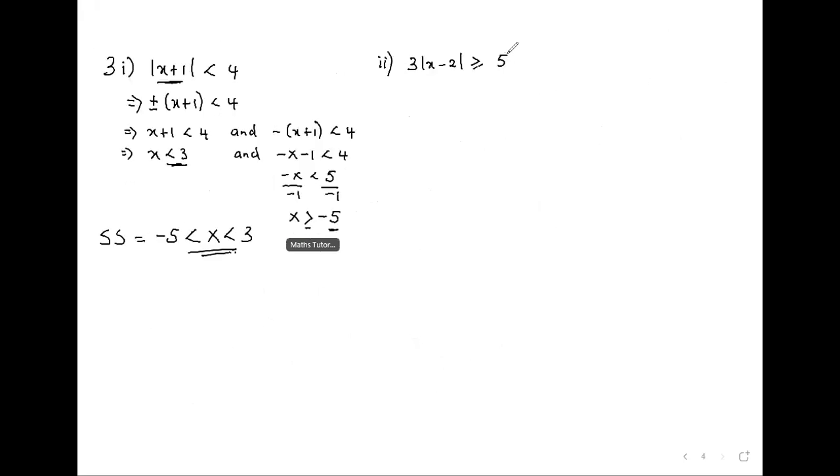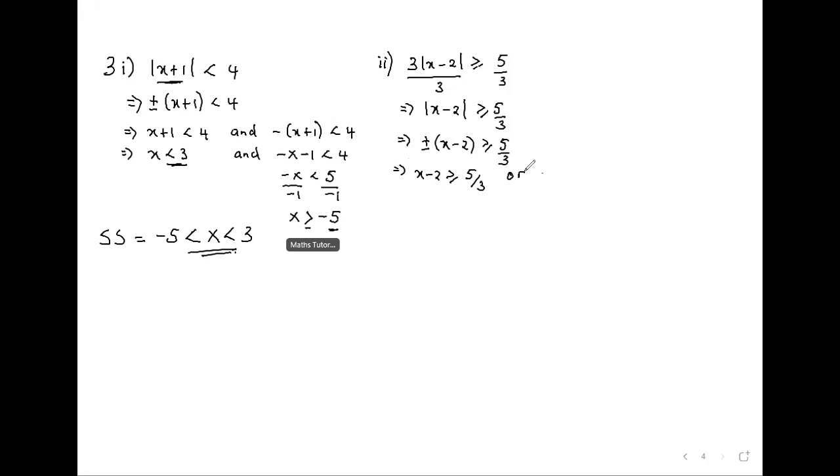If I divide by 3, because 3 is positive, nothing will change. |x - 2/3| greater or equal to 5 over 3. Then plus or minus: x minus 2 greater or equal to 5 over 3.